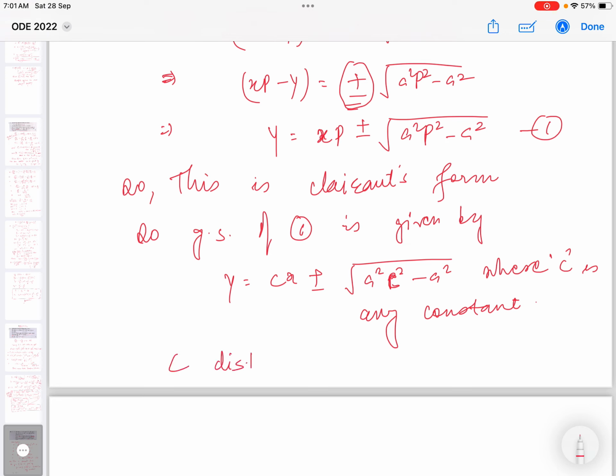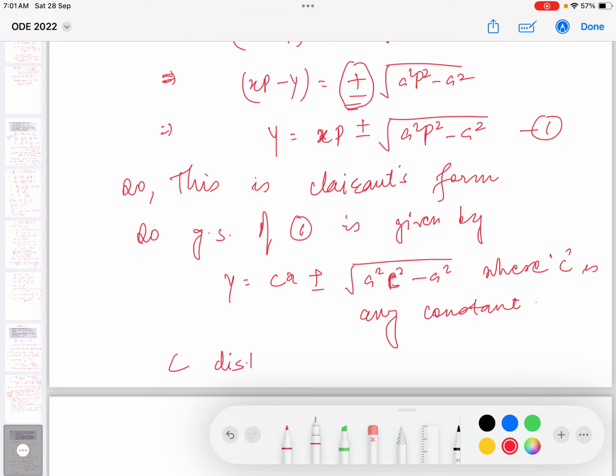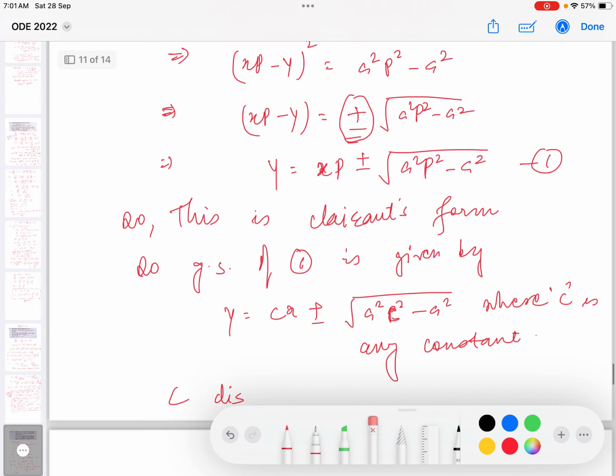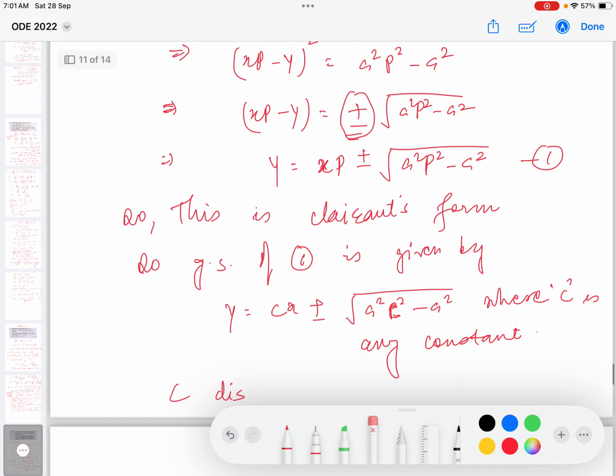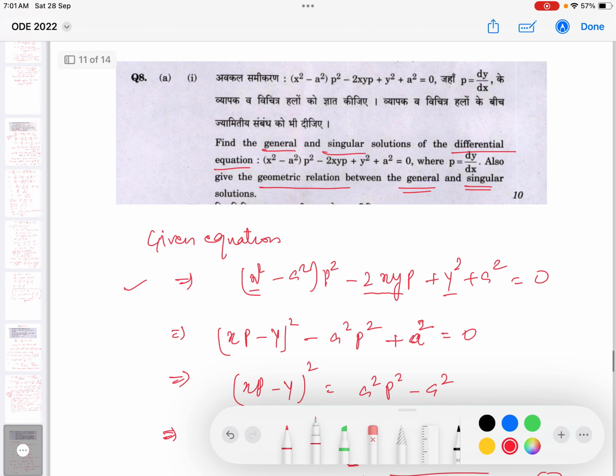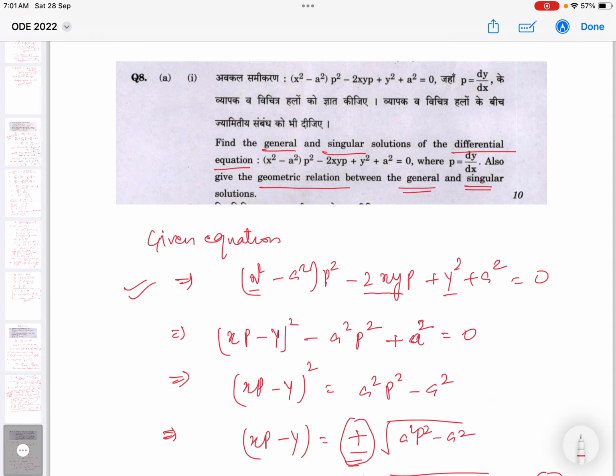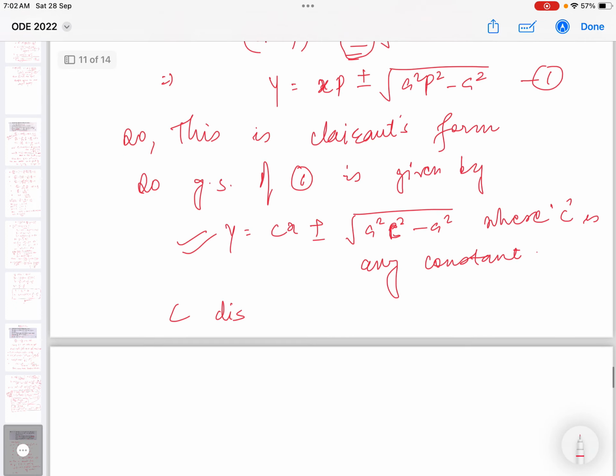And this is a property you can use: in Clairaut form, the c discriminant and p discriminant are both the same. So we can directly go from the first equation itself, or even from this equation also. This equation and this equation's discriminant will yield the same result because it is in Clairaut form. Discriminant.